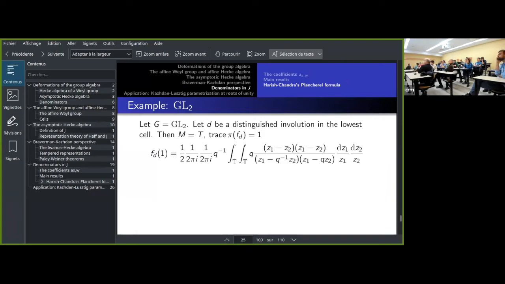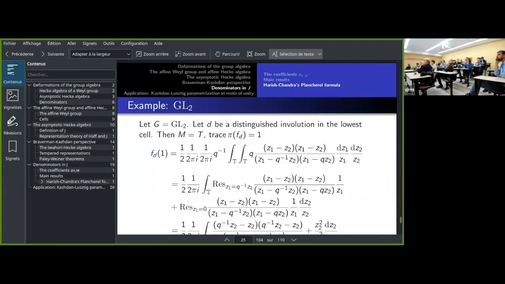And in that case, you can really just evaluate this integral using the residue theorem. And you get, in this case, the same denominator as we saw before. So in particular, it's possible to prove the trace is always a regular function of the zi's, independent of q. So the only poles you pick up come from this rational function that already appears in the Plancherel formula.